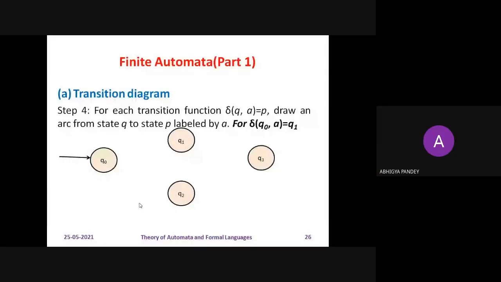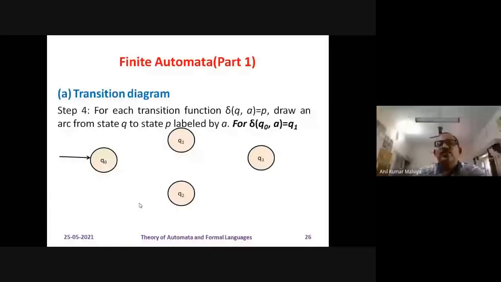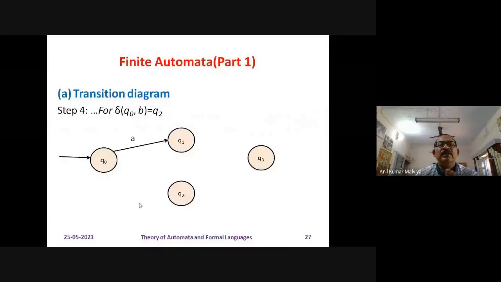Q1. The entry is Q1, so delta Q0 A is Q1. So what will you do at this point? We draw an arc from state Q0 to state Q1 labeled A. Is it clear? Here you can see Q0 to Q1 labeled A.